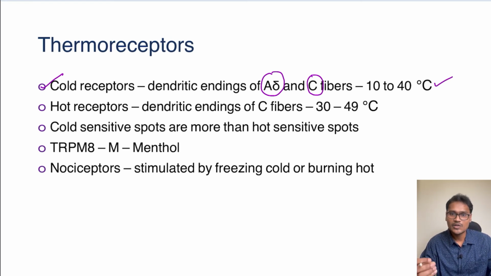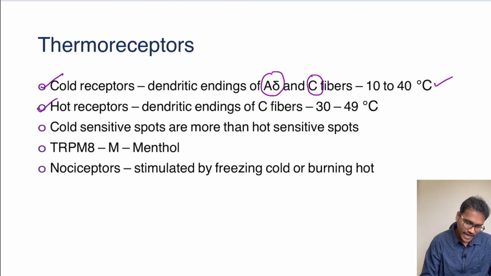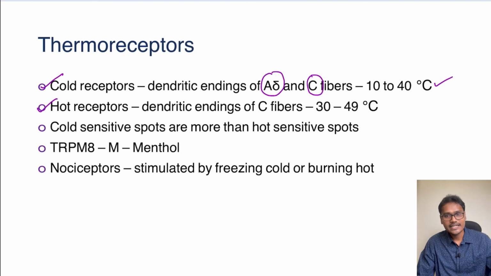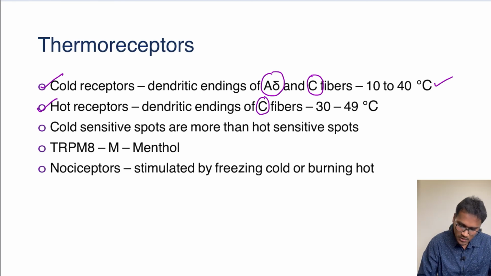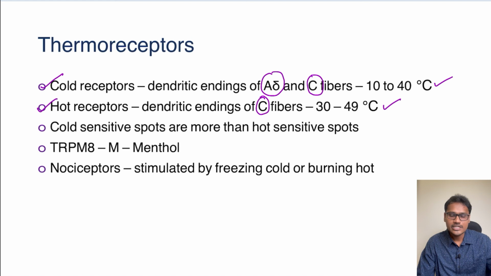Don't think that cold receptors will get activated only in extreme cold. Then coming to the hot receptors, these are the dendritic endings of the C fibers alone, and they get activated between 30 to 49 degrees Celsius. And it is said that the cold sensitive spots are more than the hot sensitive spots.